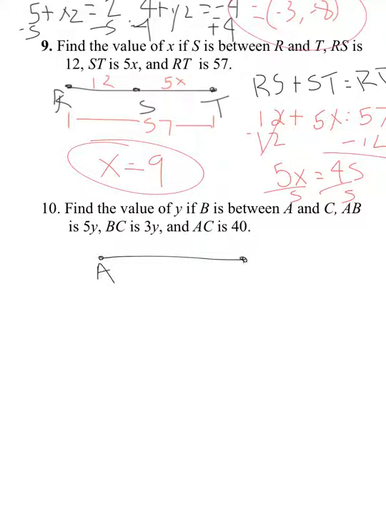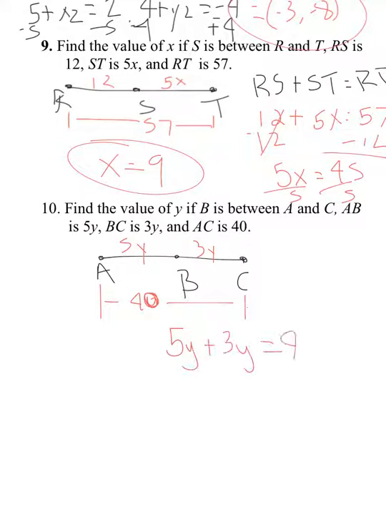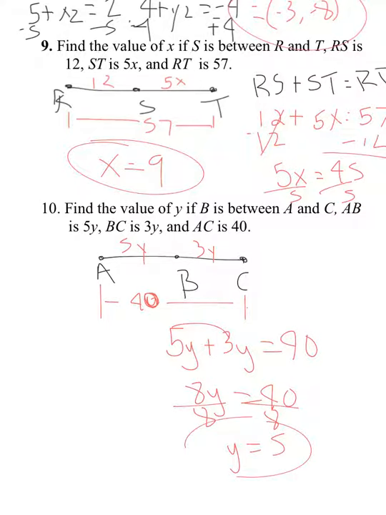A, C, B, 5y, 3y, 40. So 5y plus 3y equals 40. 8y equals 40, because you're going to combine them, they're like terms, and y equals 5.